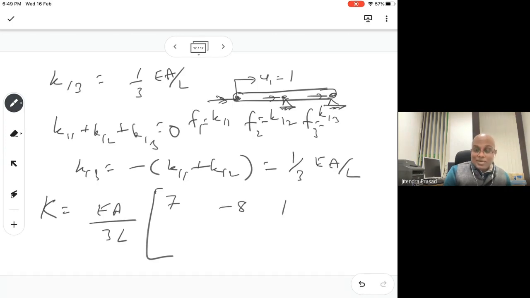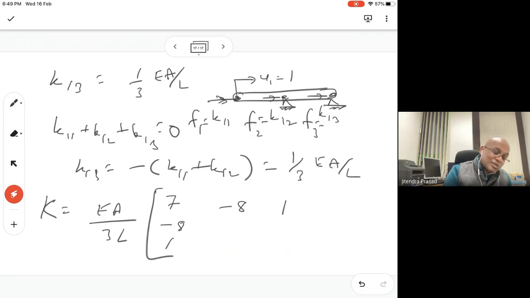It's going to be symmetric, because dN1 over dx multiplied by dN2 over dx, when Ni and Nj both are symmetric, you are going to get symmetric only. So 7, minus 8, 1, 7, minus 8, 1. Others we don't know yet. If you know this one, you can guess what it will be, because if you add them together, it will be 0, and you can find the value here. And whatever value you get here, you can have here.